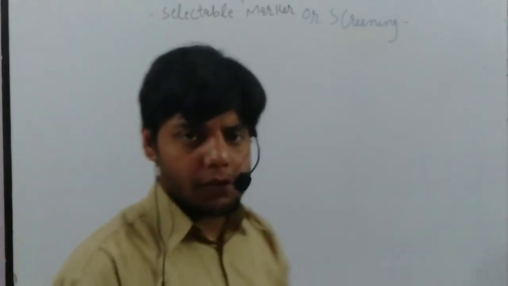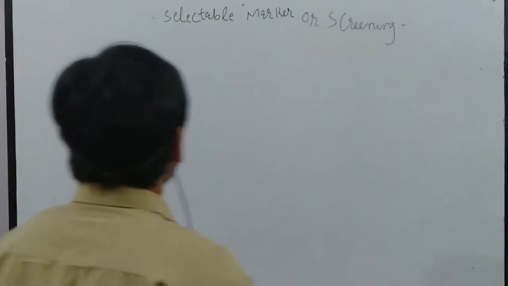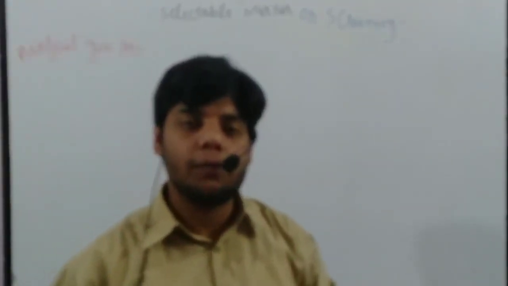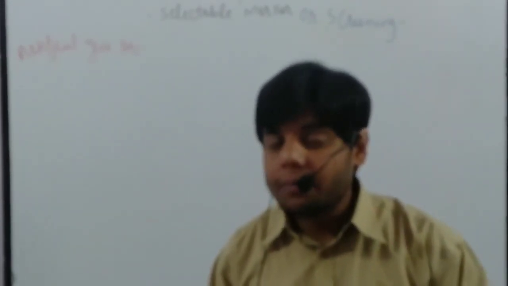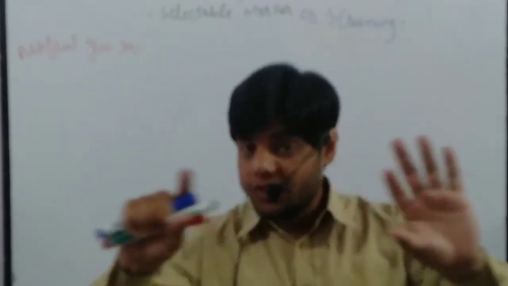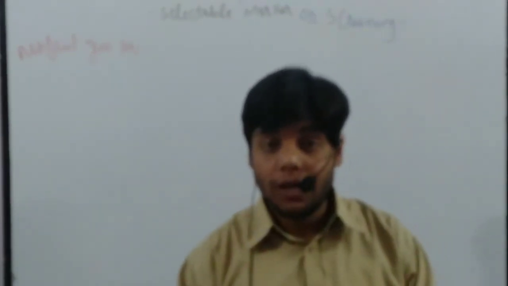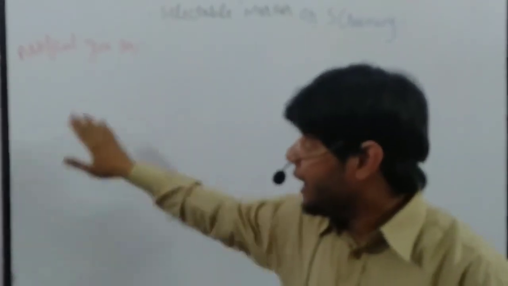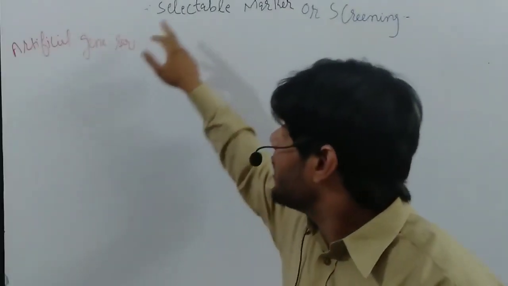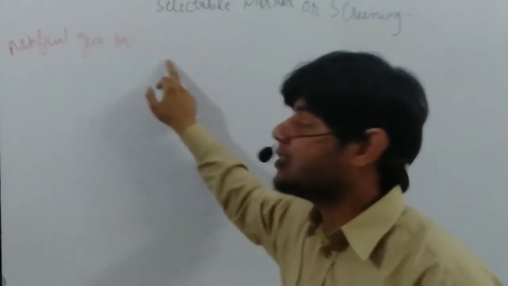Selectable markers are artificial gene sequences. Whenever we talk about a marker, it doesn't mean just any marker; in case of recombinant DNA technology, marker means artificial gene sequences.